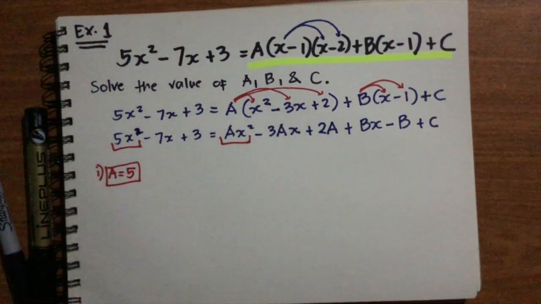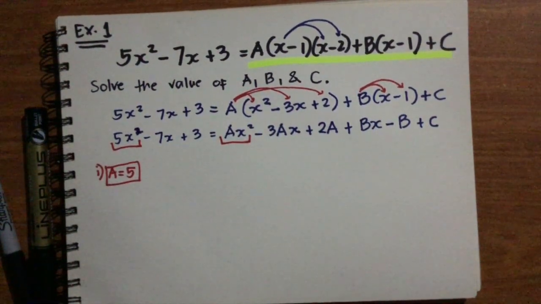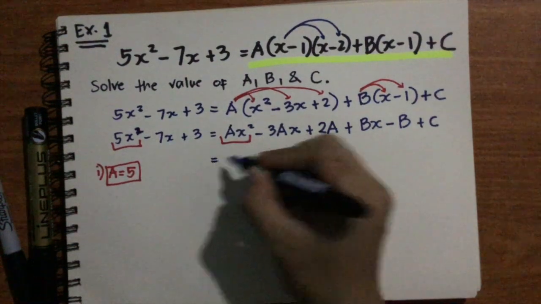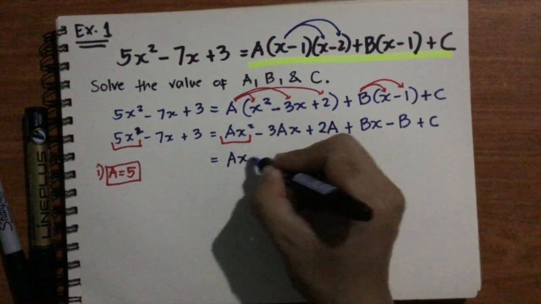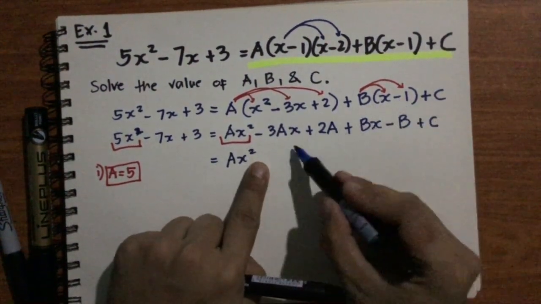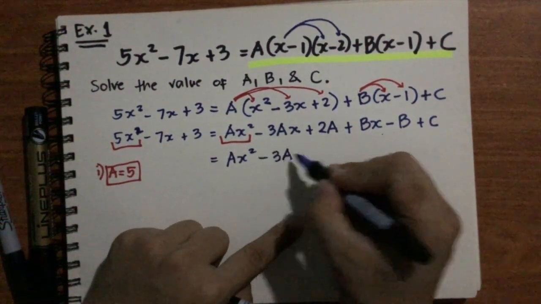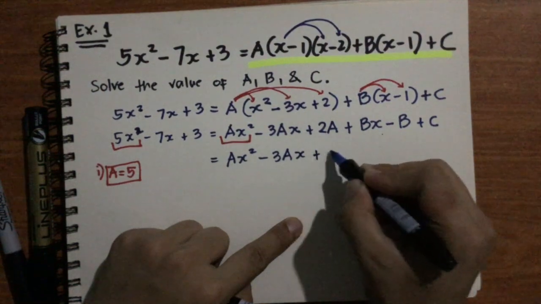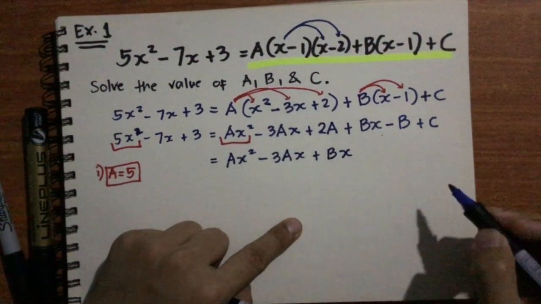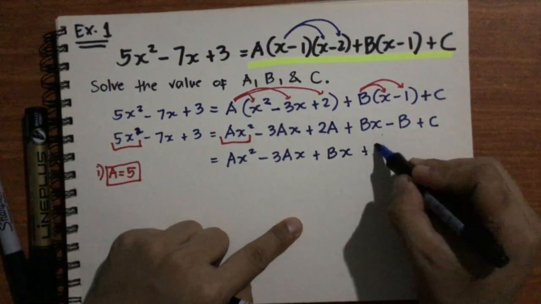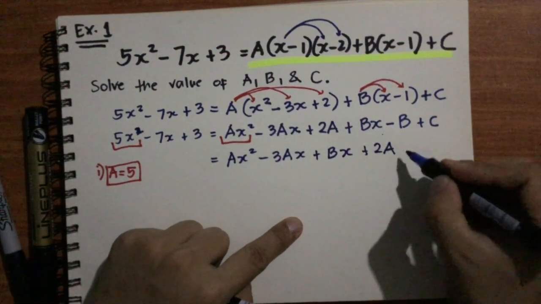So you have now the value of a. Now our problem is the value of b. In order to solve for the value of b, we continue to simplify this. That means ax squared. Then we combine the ones with x: negative 3ax plus bx.